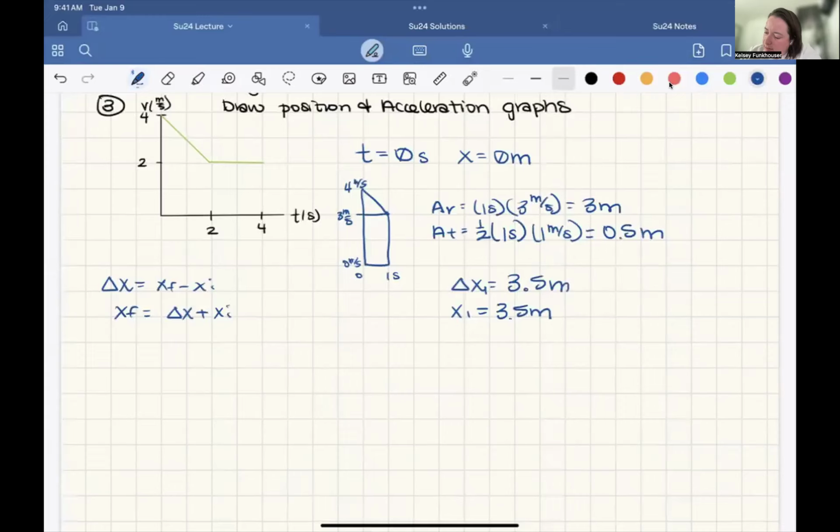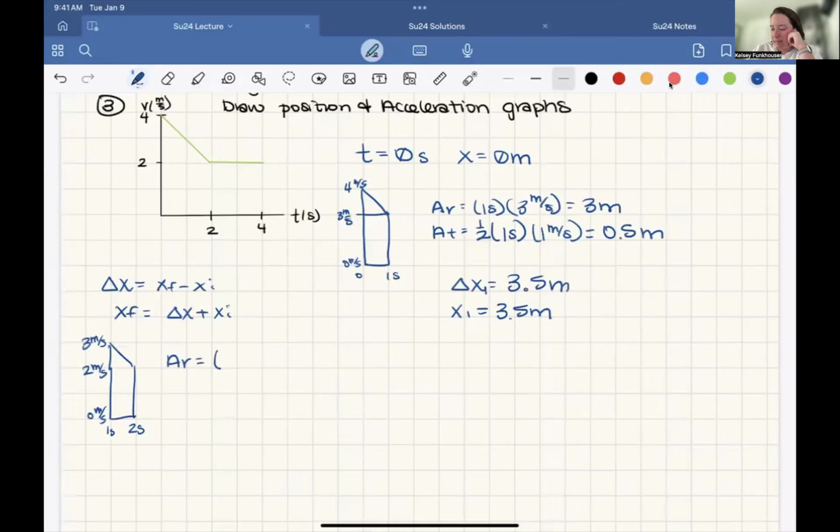So the next one is this kind of smaller. I'm going to end up drawing it the same size, but this one, I believe, is 3. Yeah, this is 3 meters per second. This is 2 meters per second, 0. And still, this one is 1 second, that's 2 seconds. So we're just going to do the rectangle and triangle again, but this rectangle, at least, is smaller.